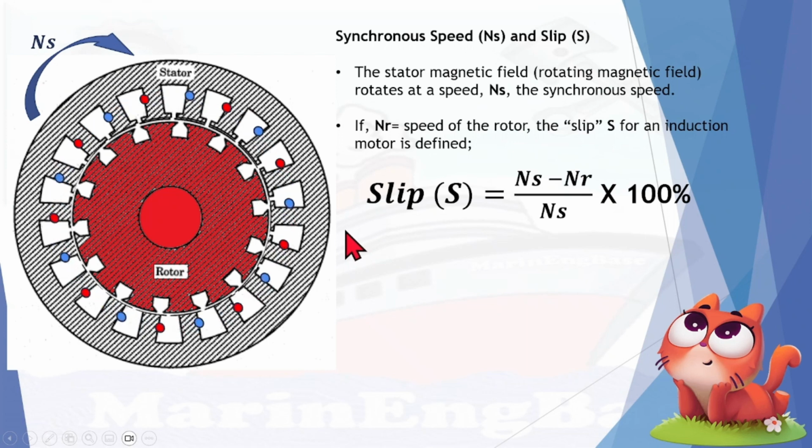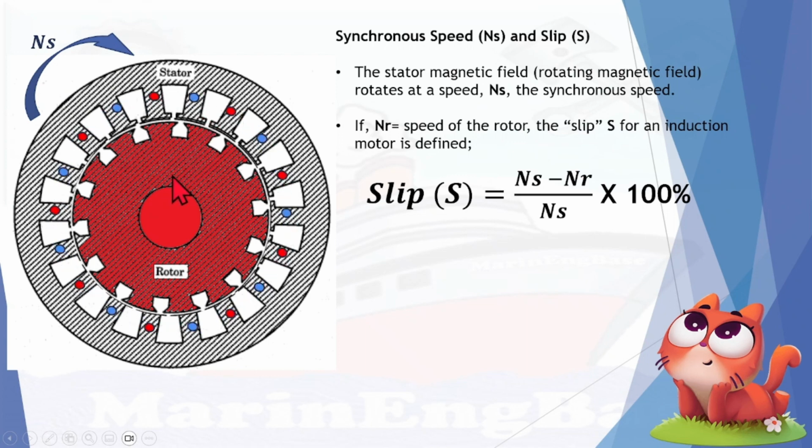In synchronous motors, this is a big difference. We know in induction motors, to spin the rotor, induction should take place, and because of that induction there is a torque. That's why the rotor starts to spin. So there is always a slip between these two. If there is no slip, no induction takes place.